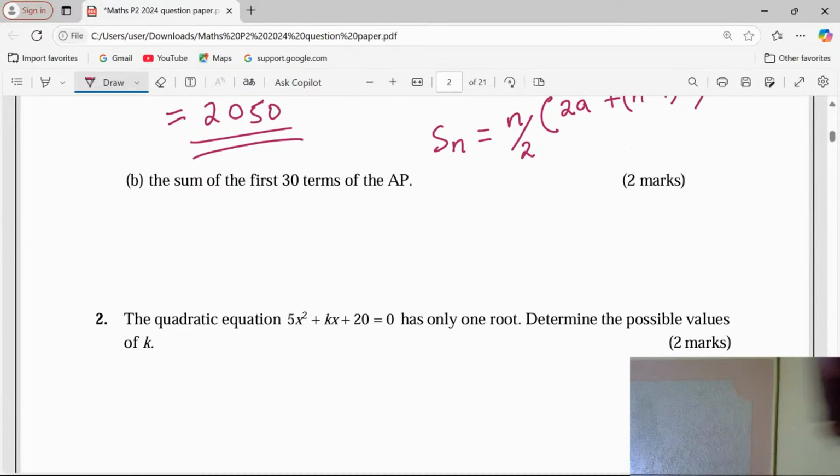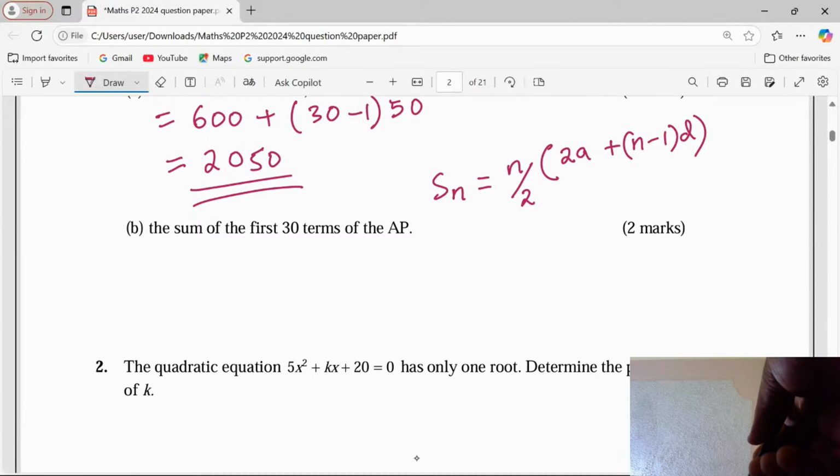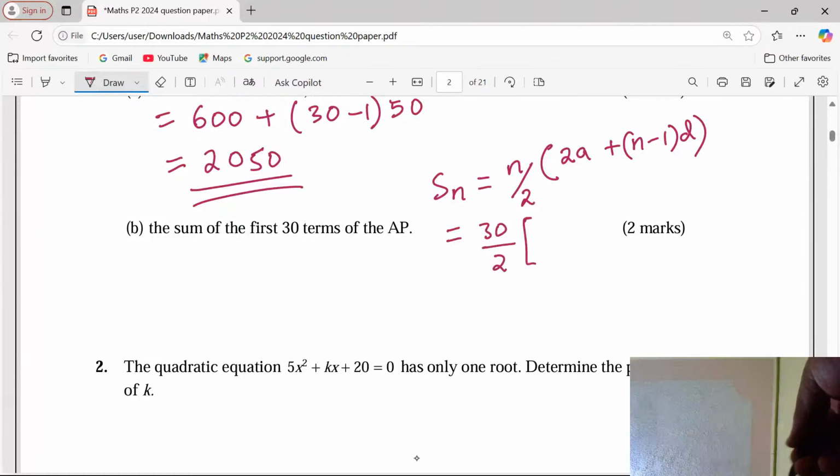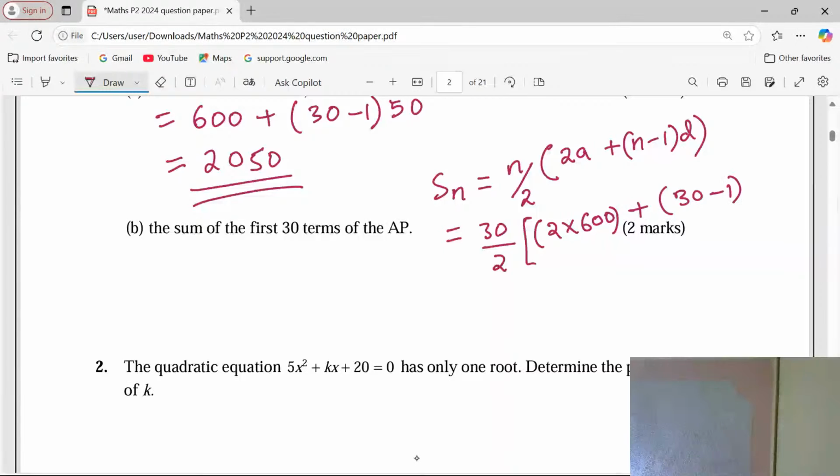So now we apply this formula, because we are finding the sum of the first 30 terms, so we write 30 divided by 2 into 2 multiplied by a, which is the first term, 600 for this case, plus 30 minus 1 multiplied by a common difference of 50.